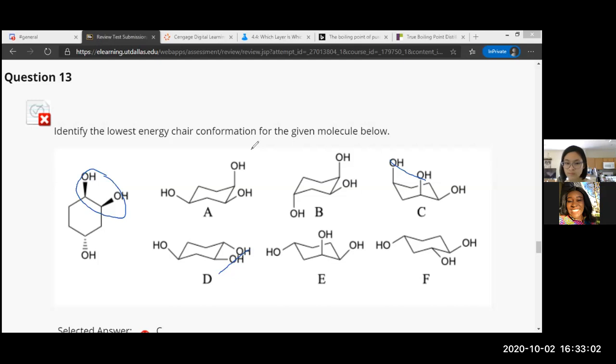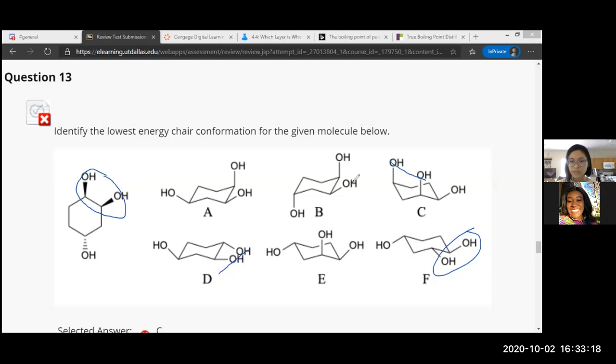But when it comes to eliminating the rest, I can see how that's a bit tricky. But wait, on F, both of them are a bit closer, so I can see why that one's less stable than that.